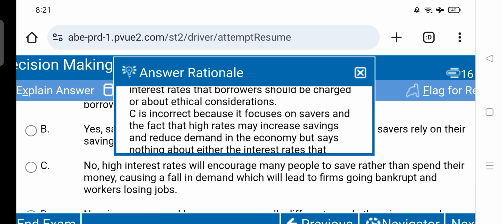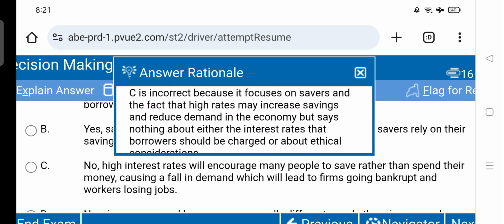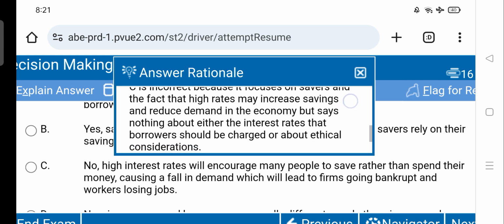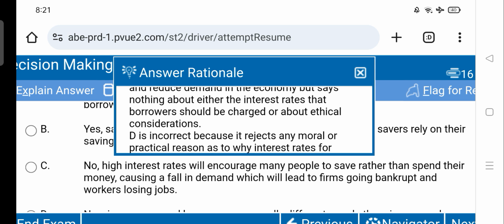C is incorrect because it focuses on savers and the fact that high rates may increase savings and reduce demand in the economy, but says nothing about either the interest rates that borrowers should be charged or about ethical considerations.